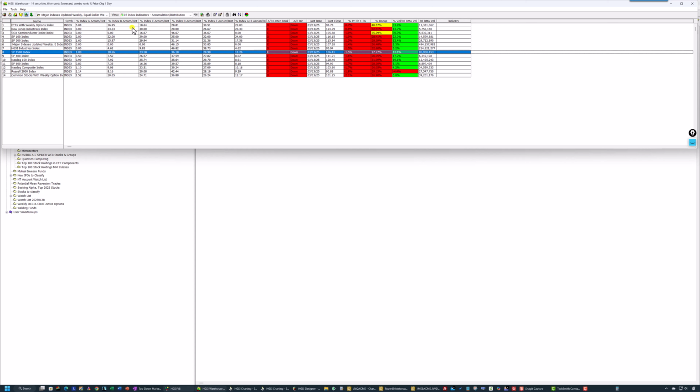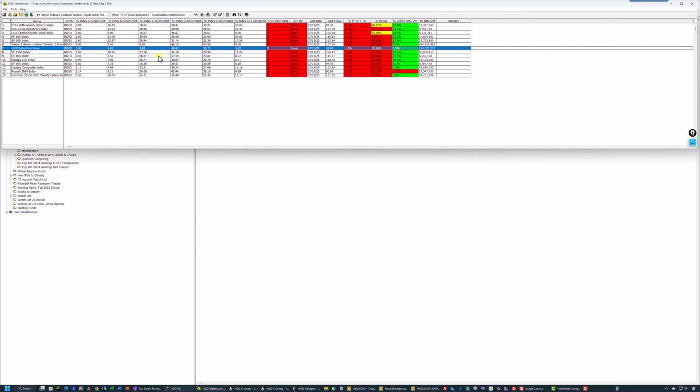Now, this is going to change dramatically today if this market holds together. It's only about noon now, not even noon yet, so there's 3 hours to go, and there could be a lot of profit taking by the end of the day. We'll see.